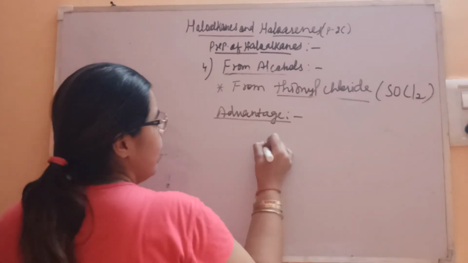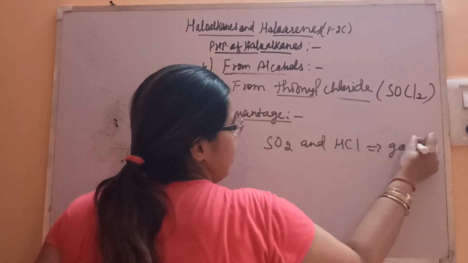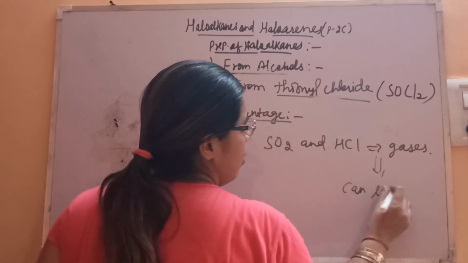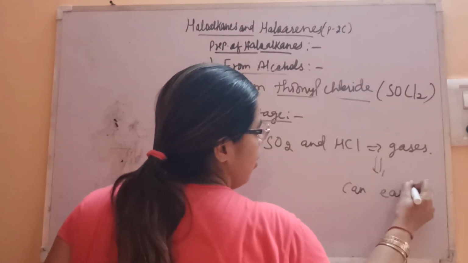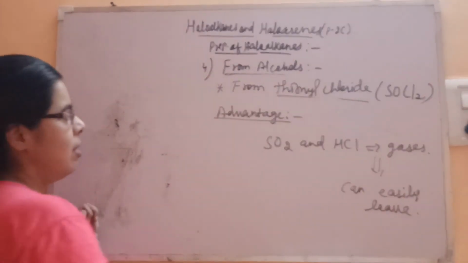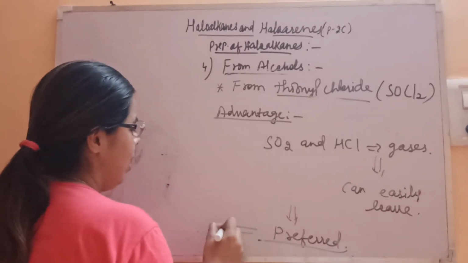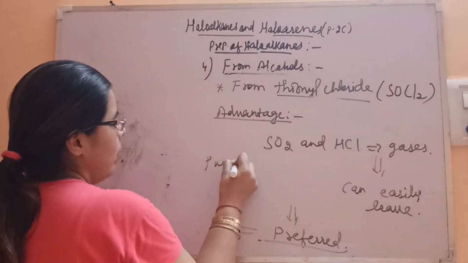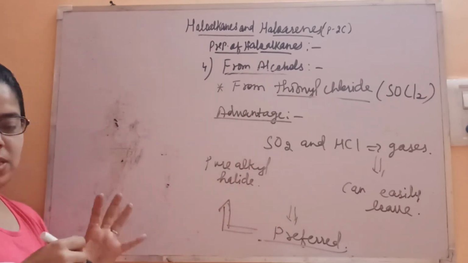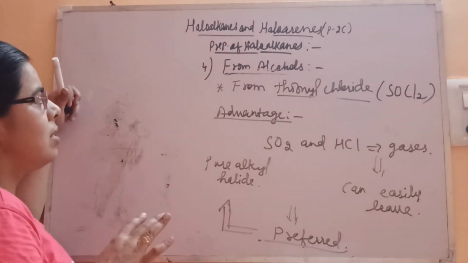The advantage is that SO2 and HCl are gases, so they can easily leave. That's why the method is preferred. Because of this, we're left with the pure alkyl halide. Fine.